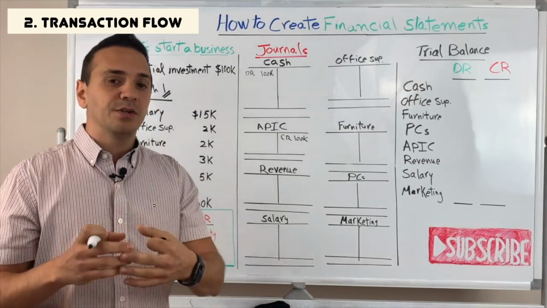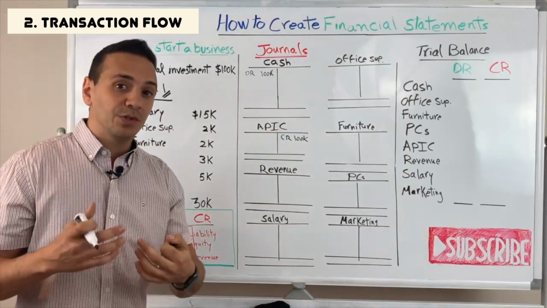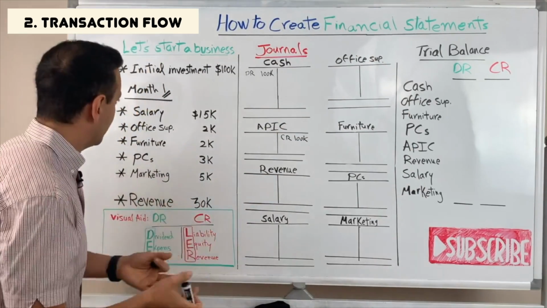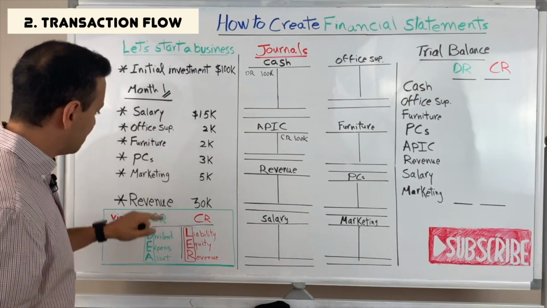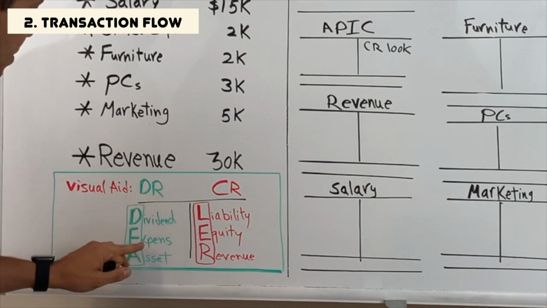But if you are spending on any kind of expenditure that has a future economic value, then now you're buying an asset. But in this case, this is an expense because we are simply paying for the service rendered in this month. So this is an expense, and if we look here, expenses, to increase them, they have a debit nature.